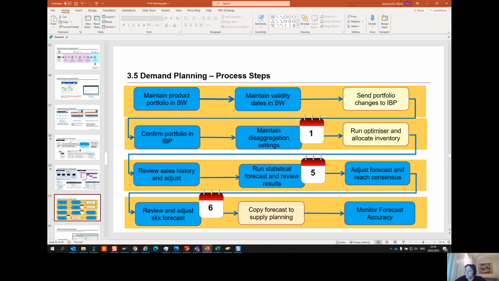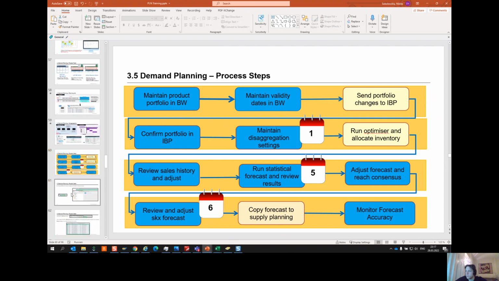Then they need to review the sales history, put it through some algorithms to create a forecast for upcoming months, then adjust it manually and reach some consensus, confirm it between different teams. Adjust it, and it is an input to supply planning. Then they just monitor how accurate the forecast was.